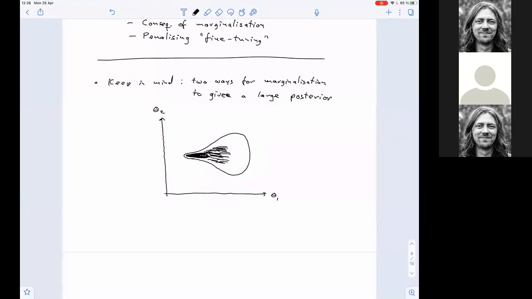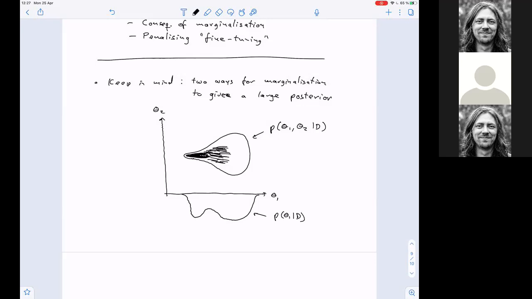Right, so this drawing is supposed to now represent the joint posterior of theta 1, theta 2. So that's the posterior, so it's given some new data. But now if you marginalize or integrate out parameter 2, then I'm just going to draw this upside down here, then your marginal distribution for theta 1 might look something like this. This is now your marginal distribution for just theta 1.